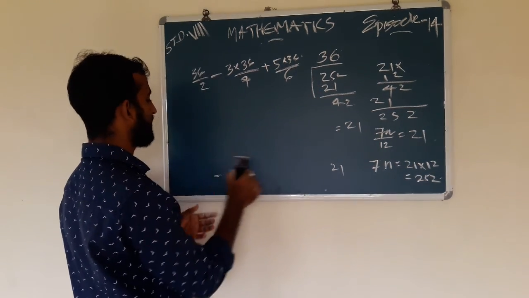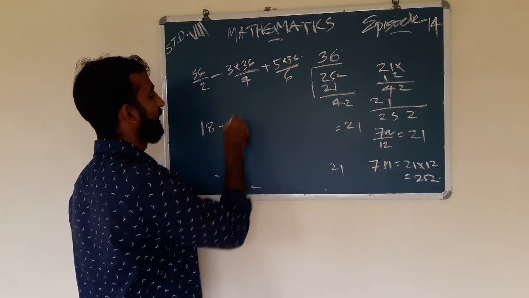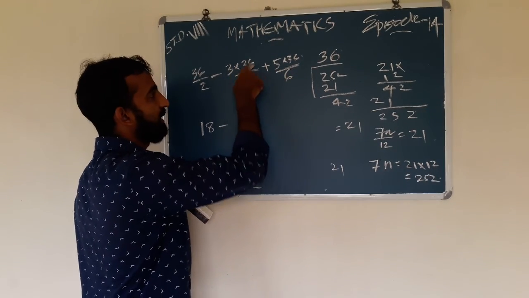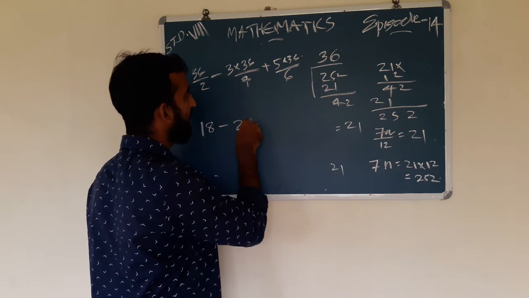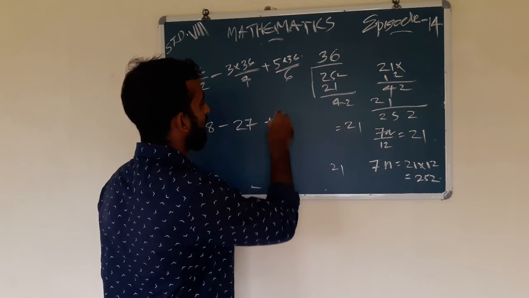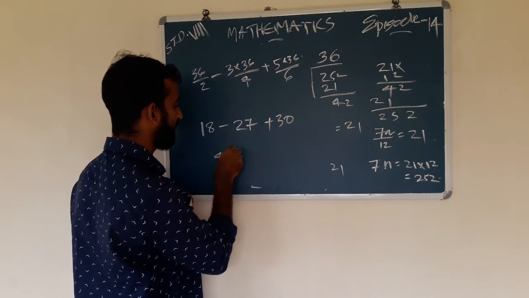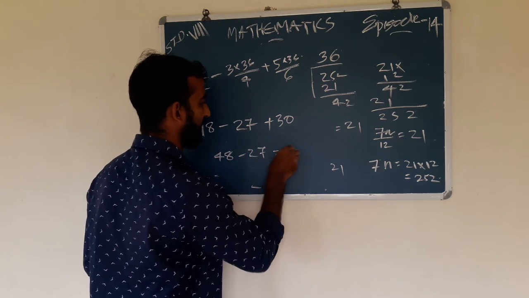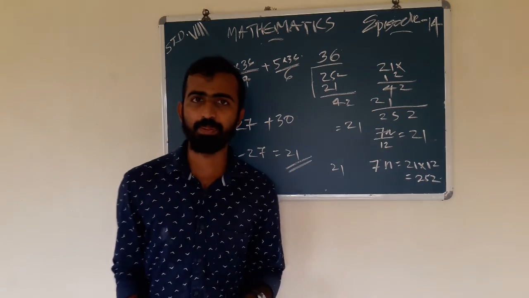That is, 36 by 2 means 18, minus 3 into 9, 36 by 4 means 9, 3 into 9 is 27, plus 30. We can add: 48 minus 27. We get the answer 21. That is, LHS and RHS are the same.